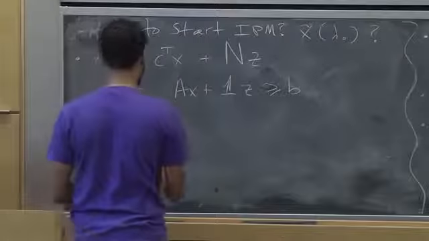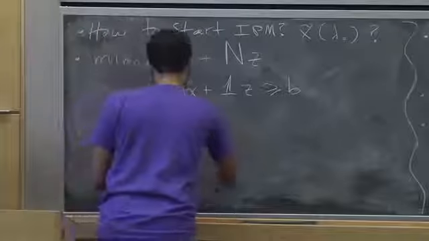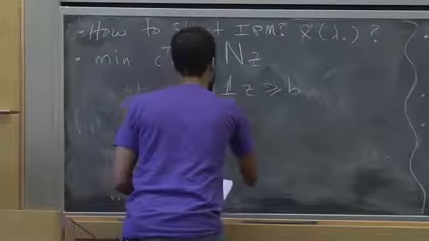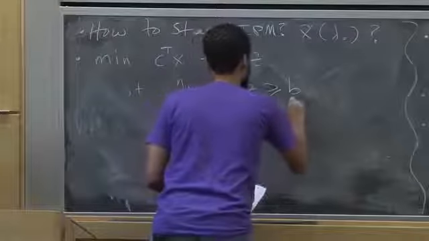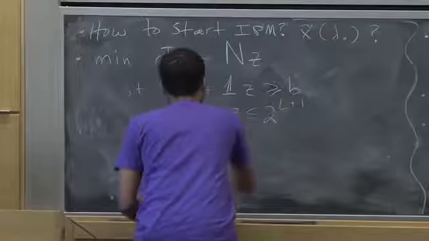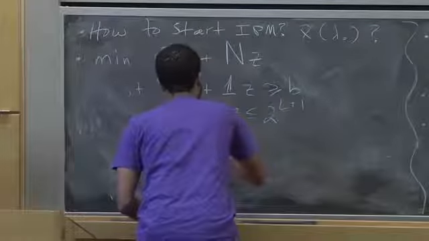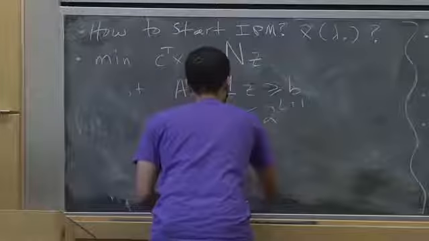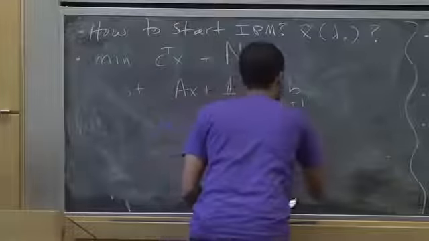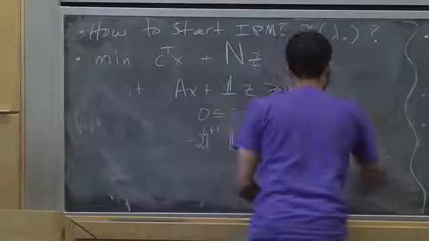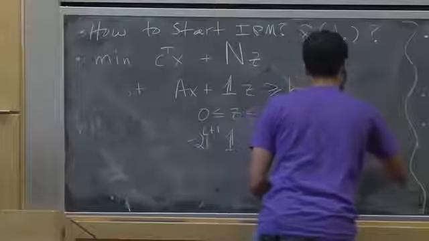Also, z is at most 2 to the L plus 1, and negative 2 to the L plus 1 times the all ones vector is at most x, which is at most 2 to the L plus 1 times the all ones vector.